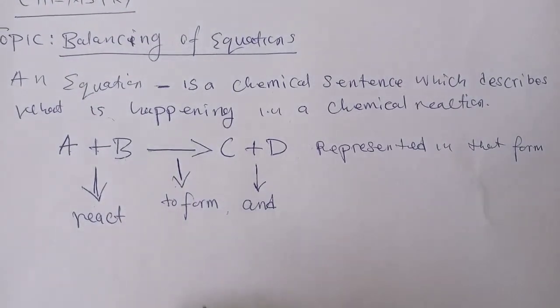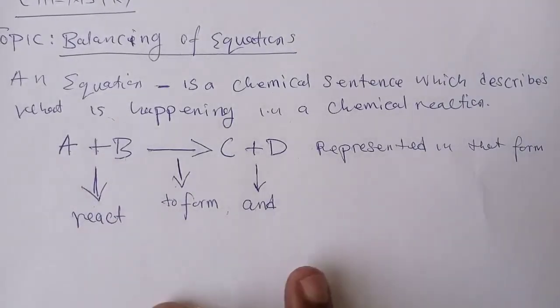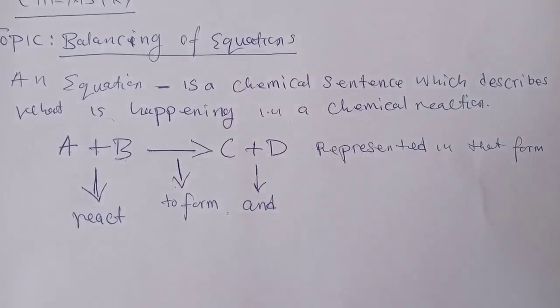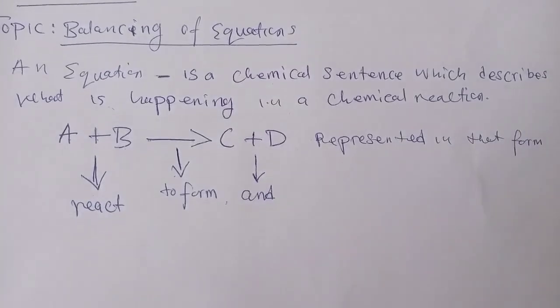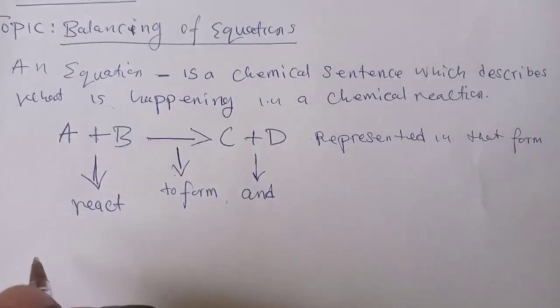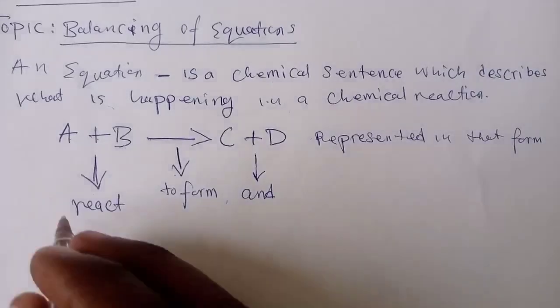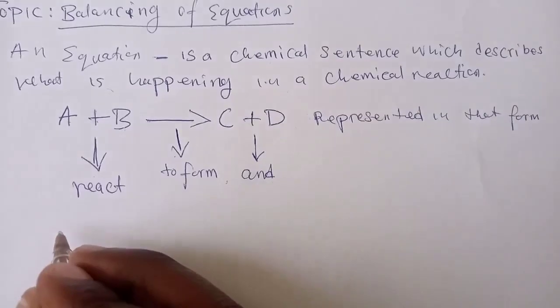A word equation is an equation that represents atoms or elements in their real names, in their elementary names. So they are just in their names. For instance, when you react magnesium, they are represented like this.